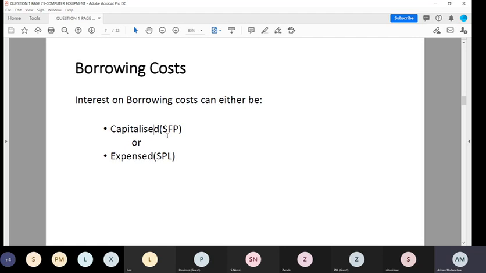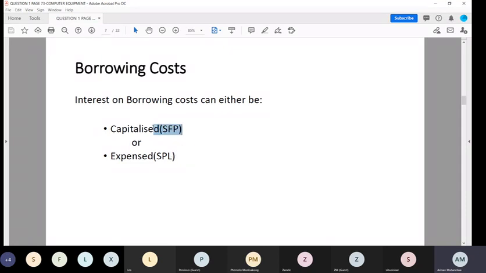Now, here is the critical issue. Let's say, for example, the company was capitalizing its interest and now they want to expense it. So this is what is happening. If they're moving from capitalization to expense, that means that the expense is going to increase and the asset which they capitalized it to is going to decrease. It is as easy as that. Here's the statement of financial position and the statement of profit and loss.